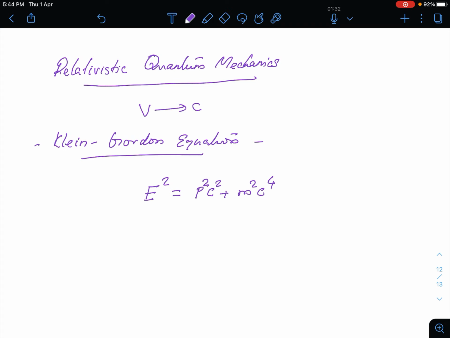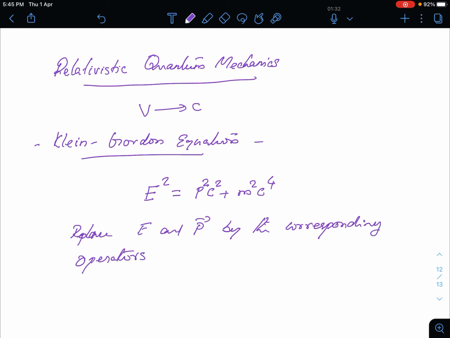Now let us replace the E and vector p by the corresponding operators.